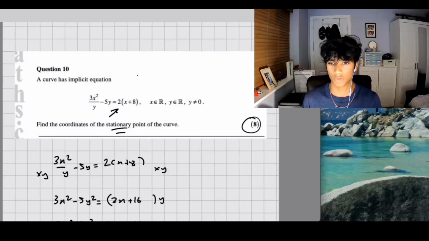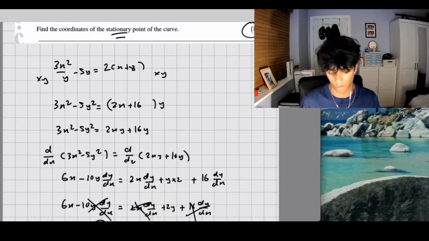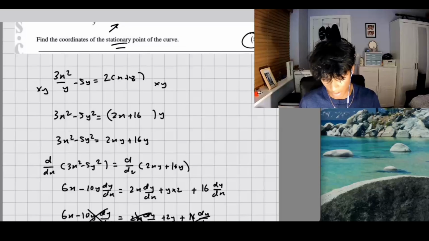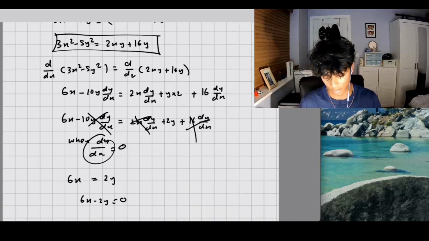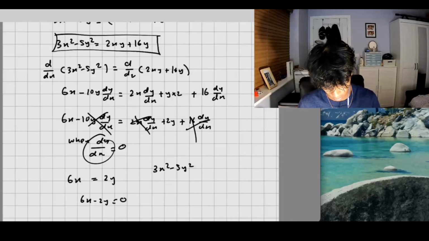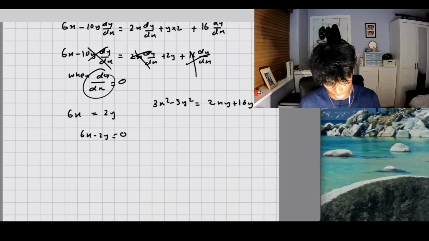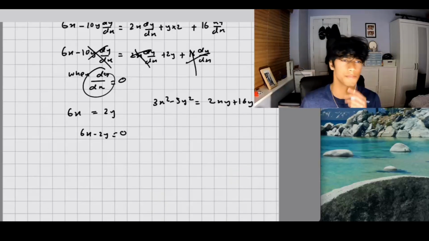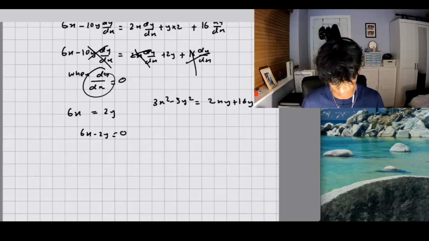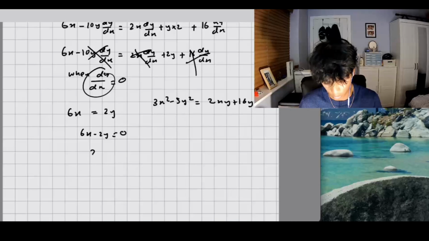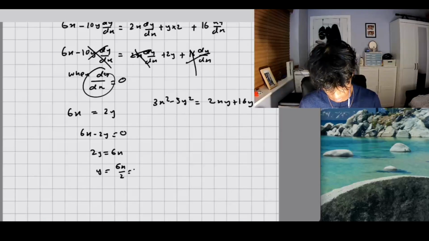So the original equation is, I'm going to pick this format, I think this format is easier to use: 3x squared minus 5y squared equals 2xy plus 16y. So 2y equals 6x, y equals 6x over 2, which is 3x.